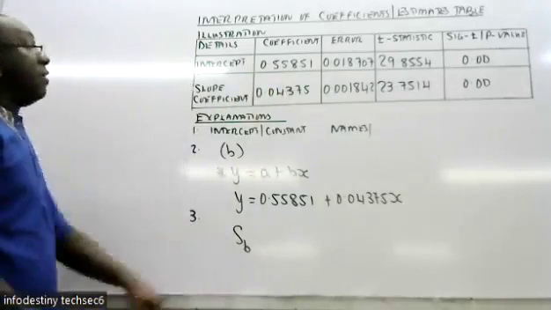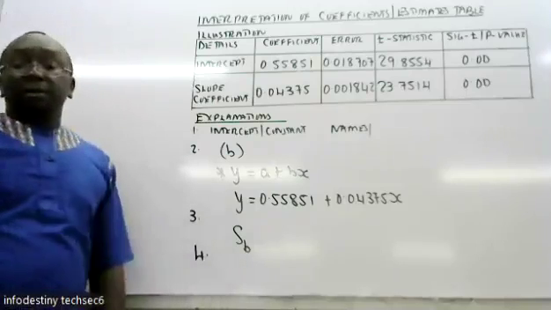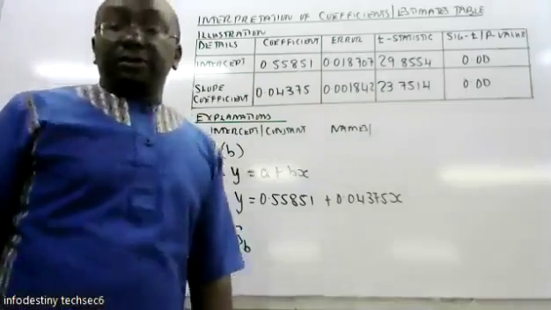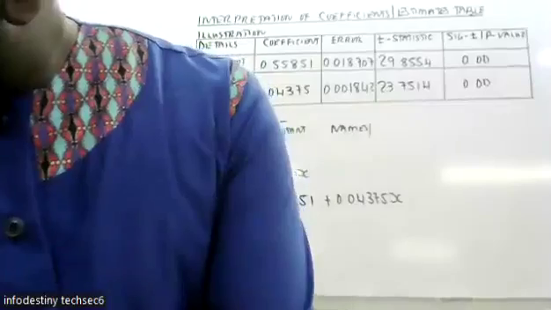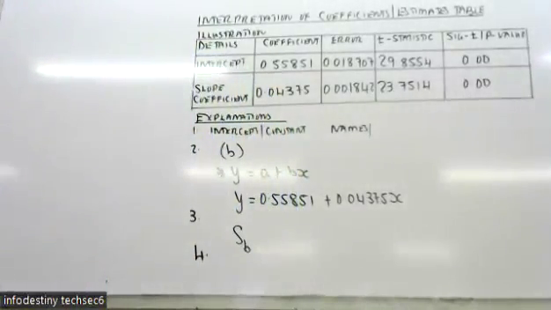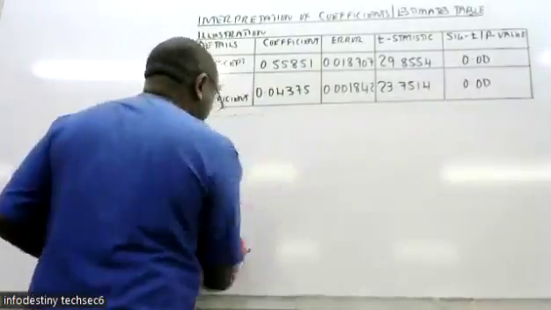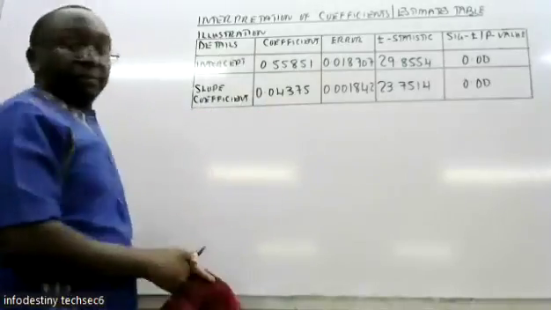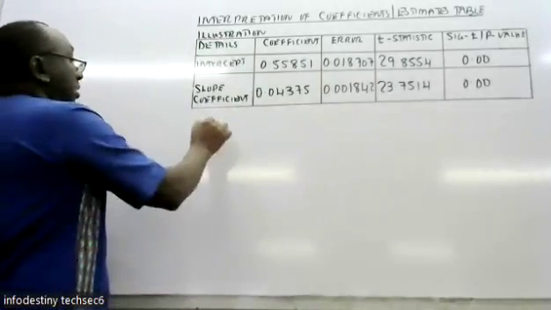Point number 4. T statistic represents T calculated.